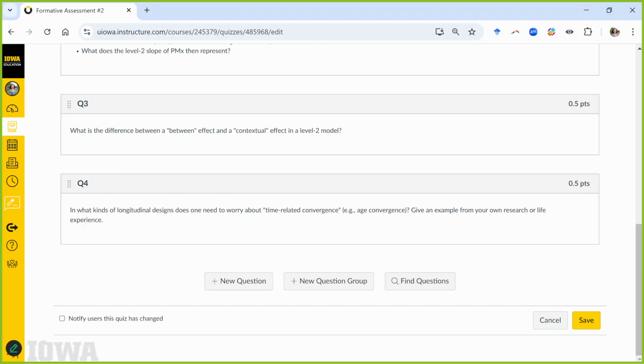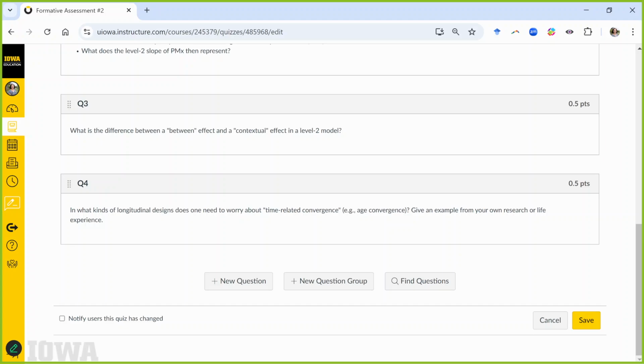In your case, what you would want to have, I think, is you can include when they died as a level 2 person moderator. And then you can have whether or not they're dead, and essentially how old they were when they died, and whether or not they're dead. So something like that.